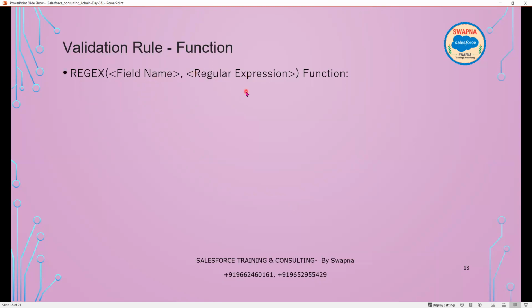These are mostly used in real time for phone validation, SSN number validation, Aadhaar card validation, immigration ID validation, right? So for these kinds of ID validations, we use regex.